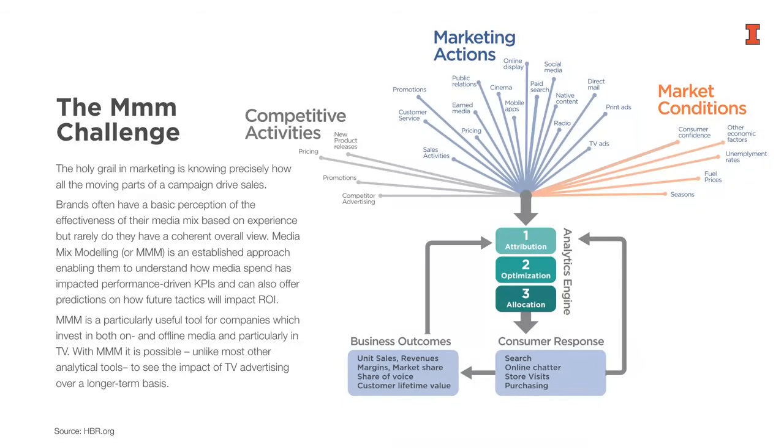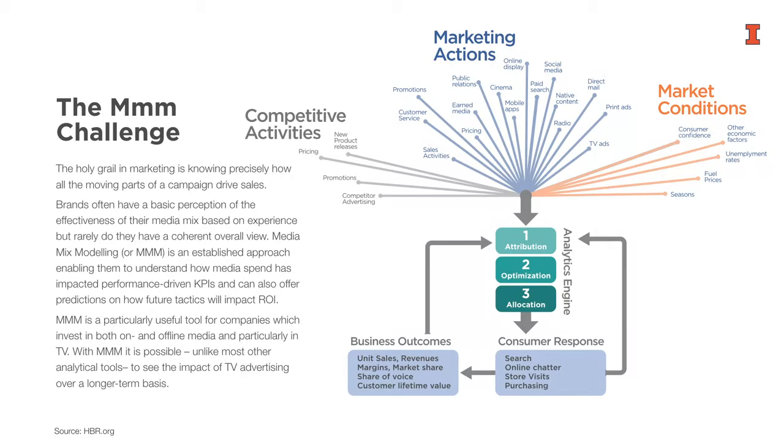And a traditional approach to doing this is something that we call a media mix model. And what an MMM does is it takes in a tremendous amount of data and attempts to tease out the marketing efforts that are actually driving those sales and those that are having less of an effect.